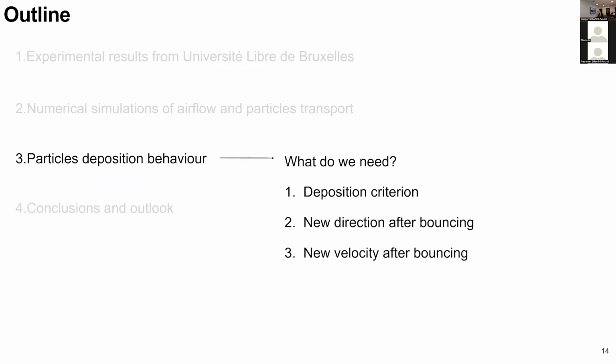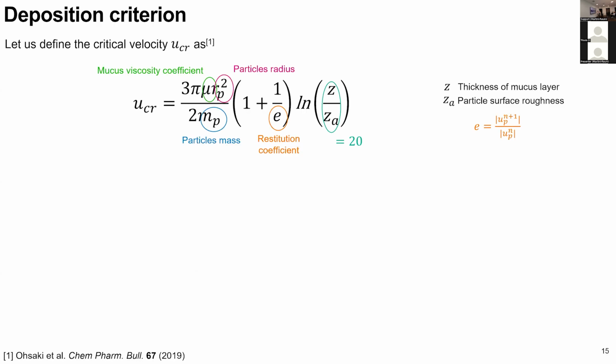So for this particle wall interaction model, what do we need? How can we define this model accurately? We need a deposition criterion, a new direction after bouncing, and a new velocity after bouncing. Starting with the deposition criterion, we define a critical velocity based on the work from Ceccacci. This critical velocity takes into account different parameters such as the mucus viscosity, the particle radius and mass, and the restitution coefficient.